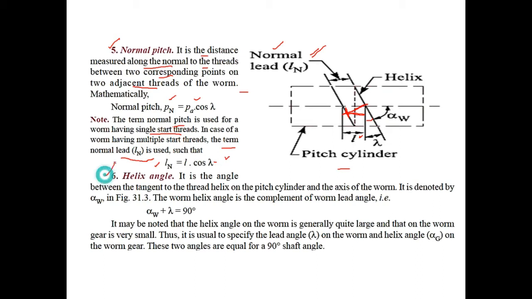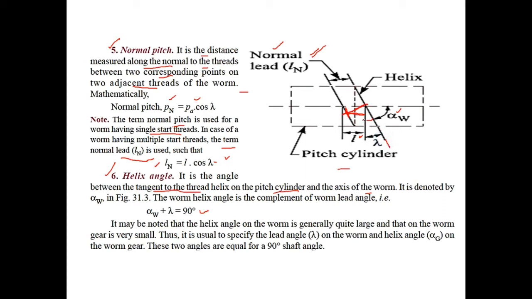So next is the helix angle. It is the angle between the tangent to the thread helix on the pitch cylinder and the axis of the worm. Generally this alpha is the helix angle.